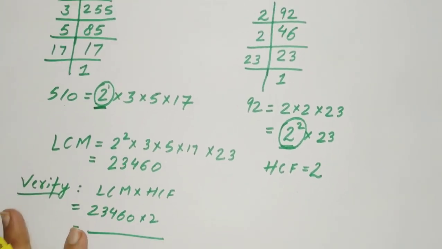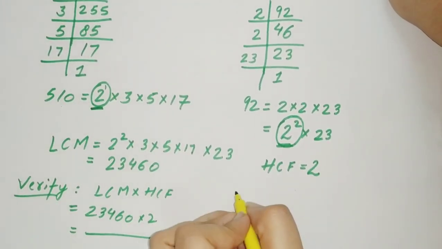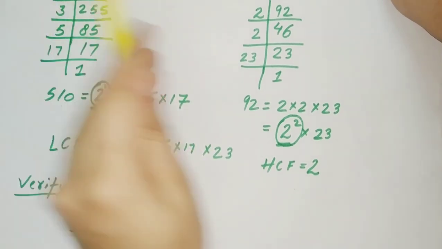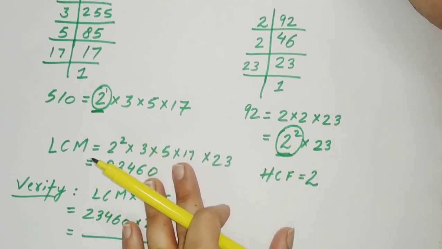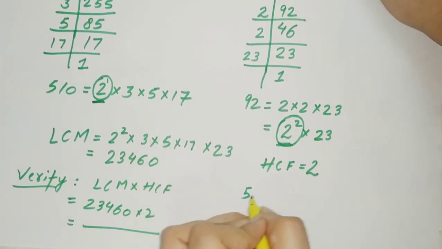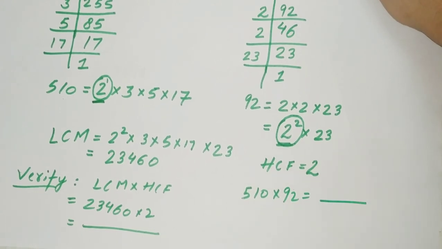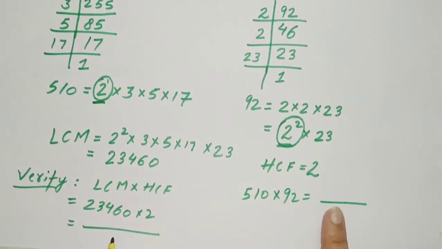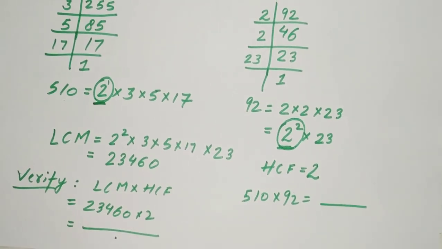Multiply it and find out the answer that I'm leaving for you, and then multiply both the numbers given in the question, 510 and 92. And then you'll find out that both these numbers are equal. I have tried my own, and now it's your chance to do it.